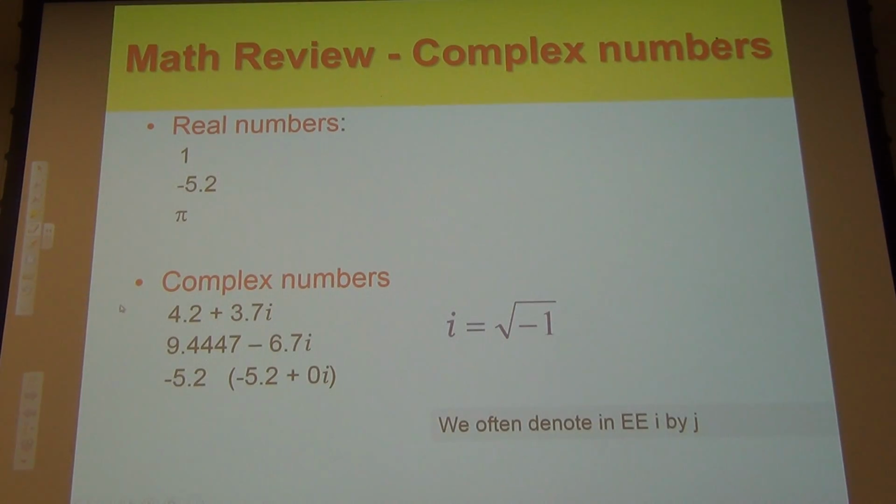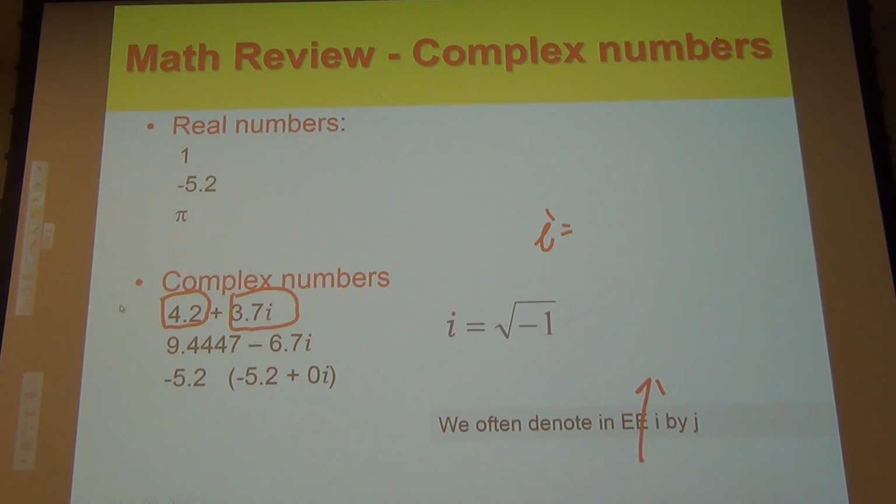Before we go further, we need to do the math review again. It's complex numbers. We have the real numbers, right? 1, -5.2, and then pi. We have complex numbers. For a complex number, we have a real part, right? This is the real part, and this is the imaginary part. And what is i? i is the square root of -1. And in your EE major, you use j instead of i.